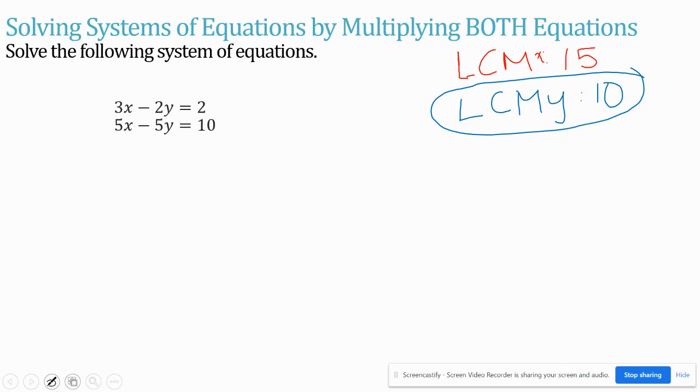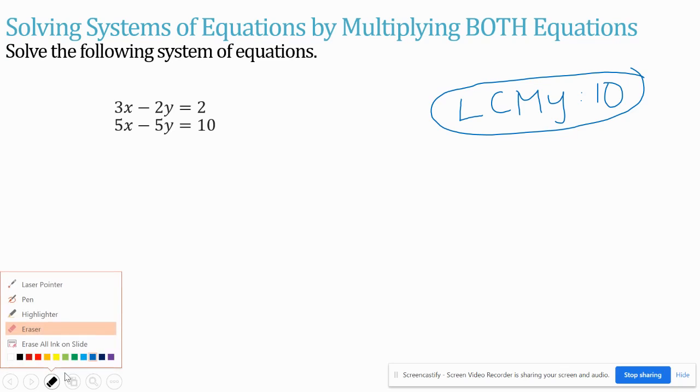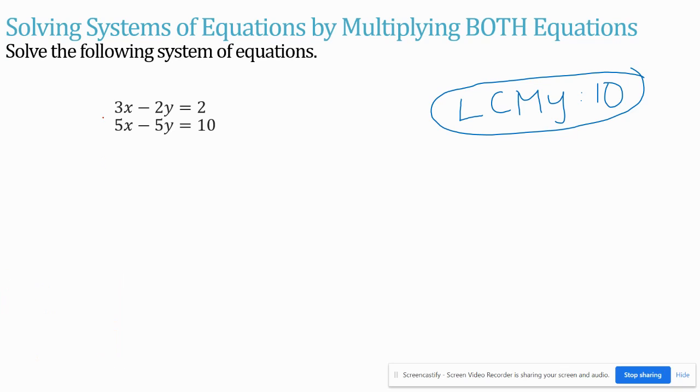So I'm going to forget about the 15 for now. Also, 10 is just a smaller number, so I'd rather work with smaller numbers. But you can choose whichever one you want as long as you follow the right steps. So we're going to be multiplying both of these equations by two different numbers to create that set of additive inverses, negative 10 and 10.